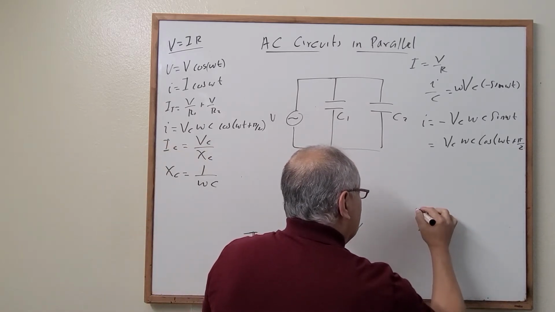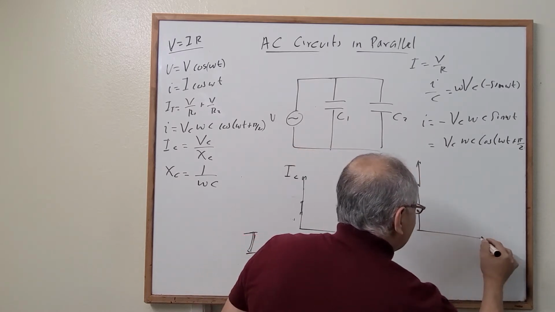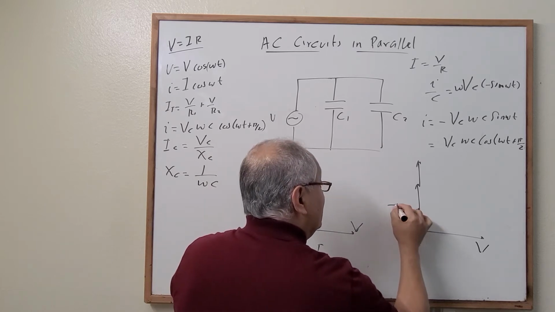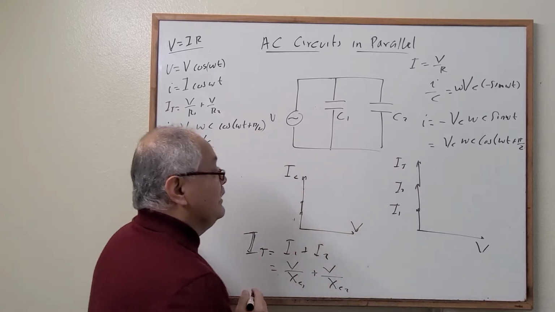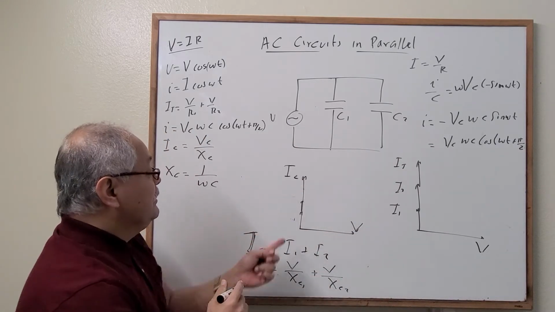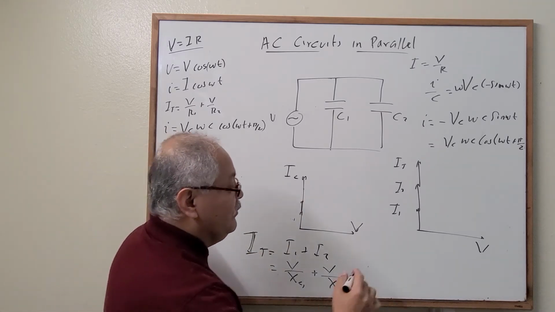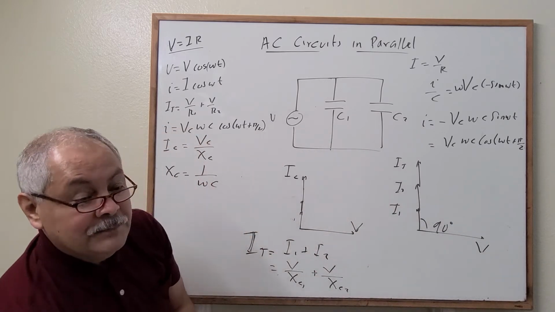So we have current 1 plus current 2 equals the total current, correct? And this is voltage. So it's going to be current 1, this is current 2, this is the total current, correct? Parallel to this current of the capacitor. And again, we have this is 90 degrees, correct?